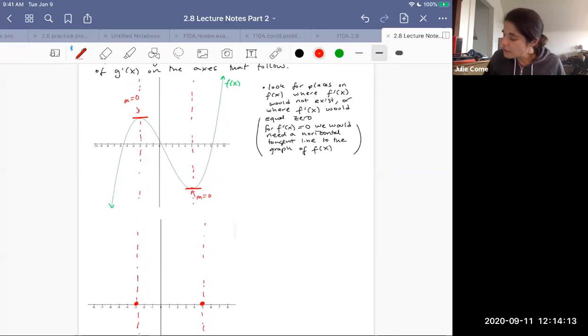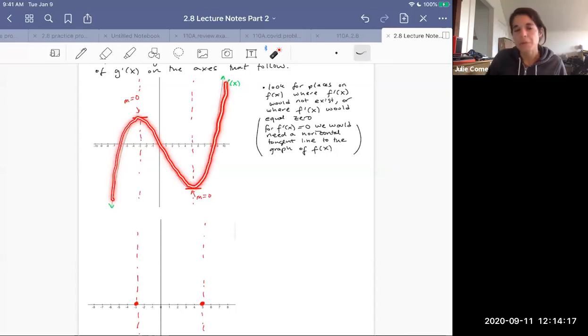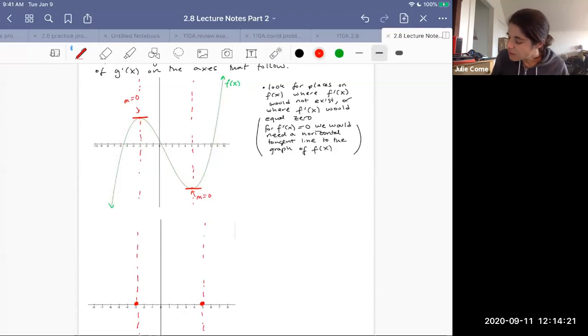Okay, I think those are the only 2 points as I travel along this function where I would have a horizontal tangent line. So let's now consider what happens on the interval to the left of -3. Let's consider what happens on the interval between -3 and 5.